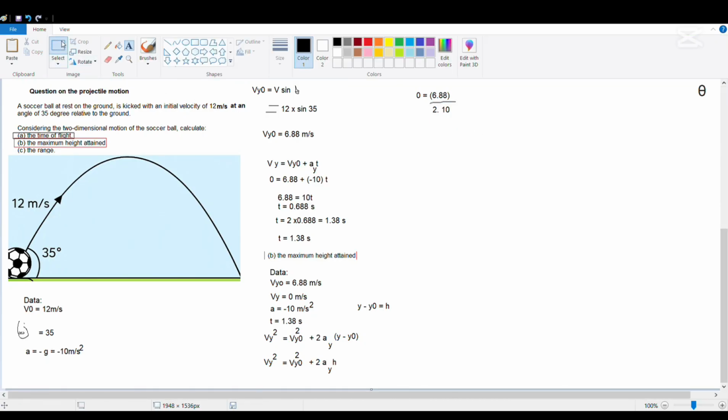Let me cancel this because this is not very clear. Let me do this again. I take this equation again and put the values in over here, starting to write on that one.